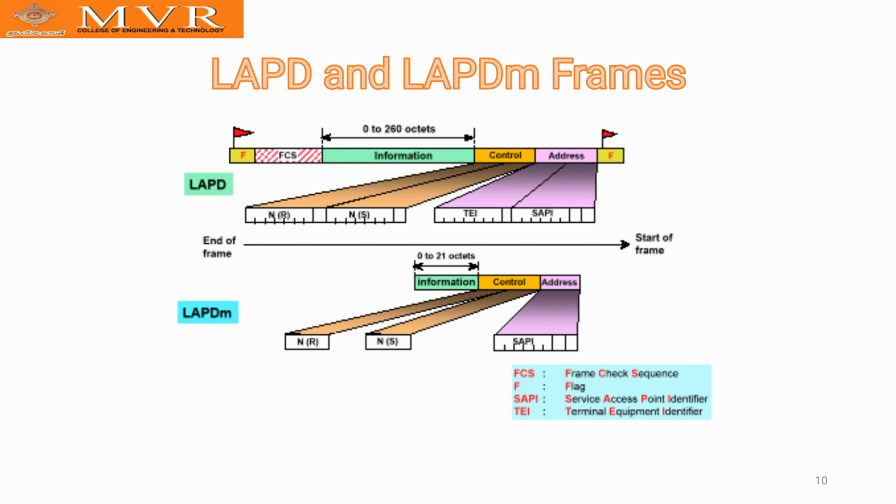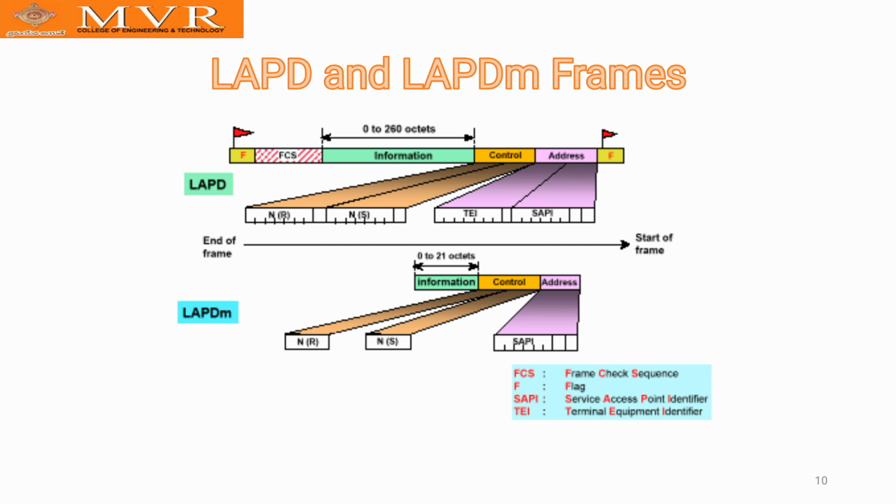This is the picture of LAPD and LAPDm frames. These two frames interact through the frame check sequence, flag, and service access point identifier.